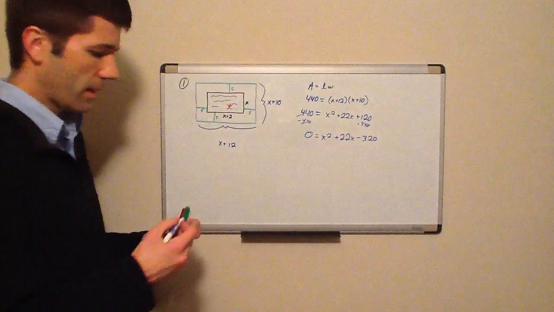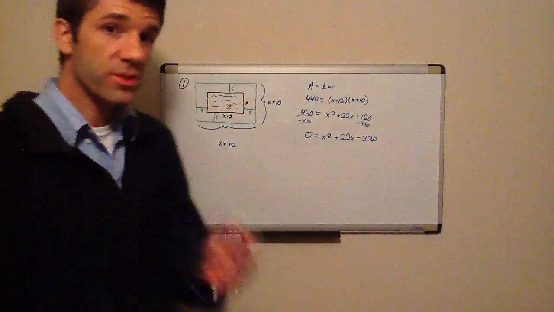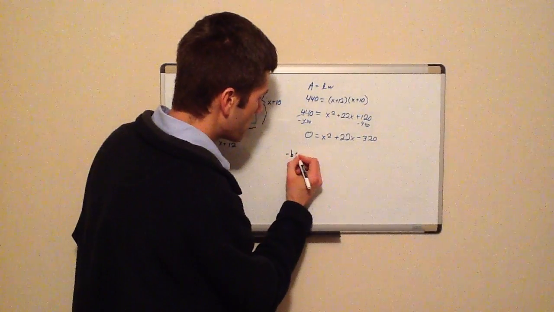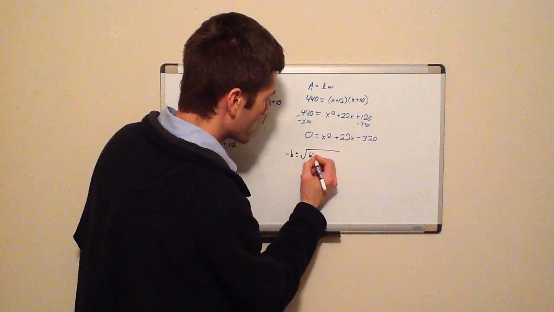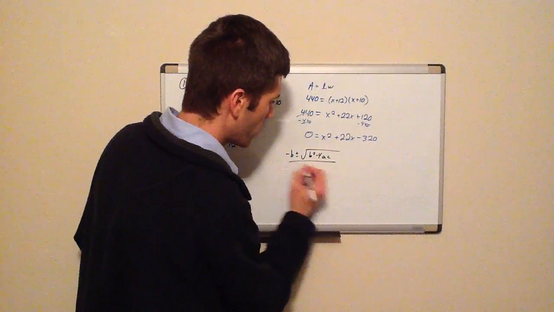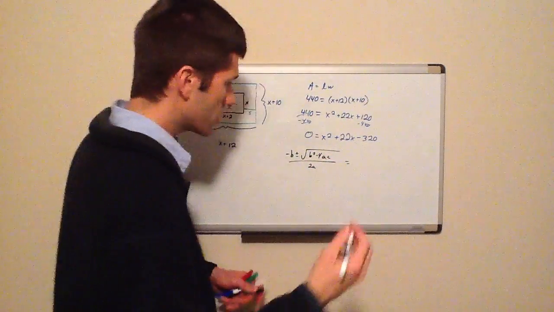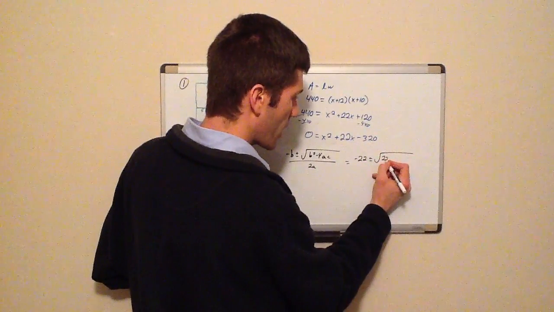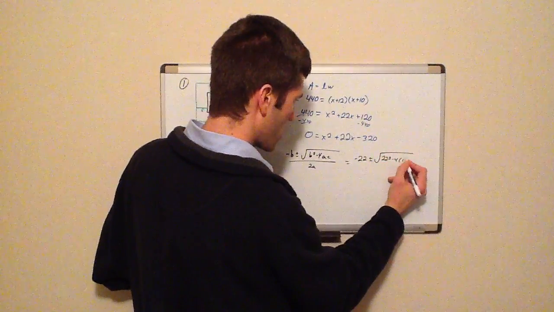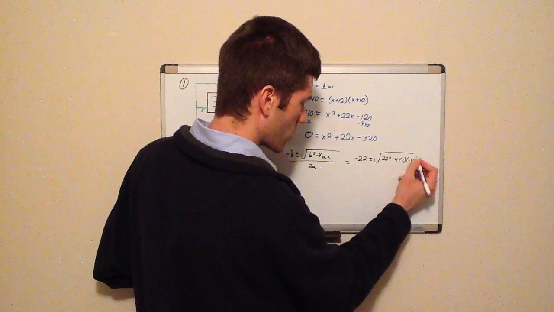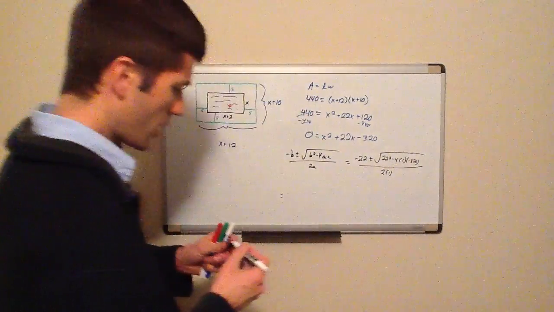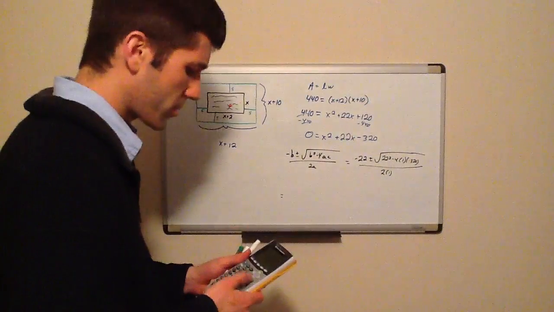All right. I'm going to grab a calculator, and we're going to solve this thing using the quadratic formula. Negative b plus or minus the square root of b squared minus 4ac, all divided by 2a. Let's grab a trusty calculator here.